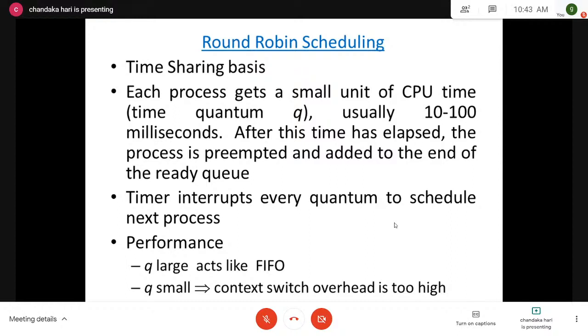This concept is known as context switch. We already saw it in the last class. So if the quantum is small, round robin suffers from most of the time being wasted on context switch overheads.